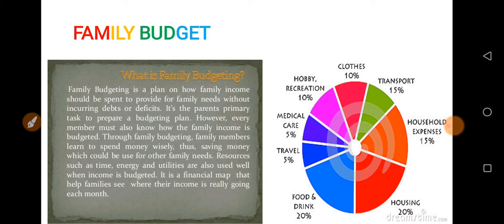A family budget is a financial map that helps families see where their income is really going each month. As I've said earlier, family budget is basically the plan made on how to spend the family income.